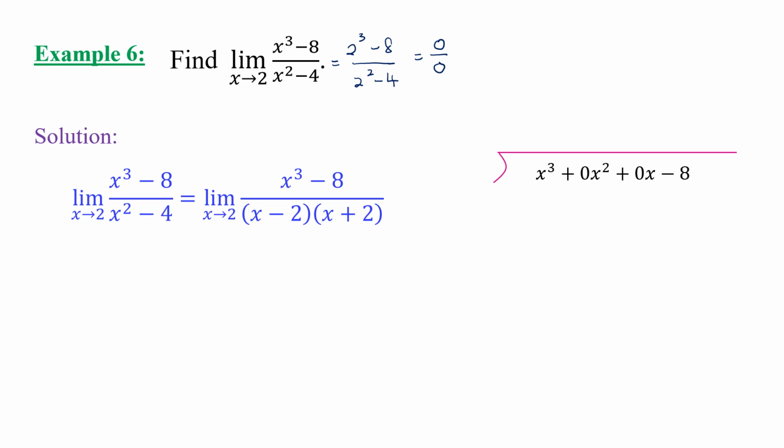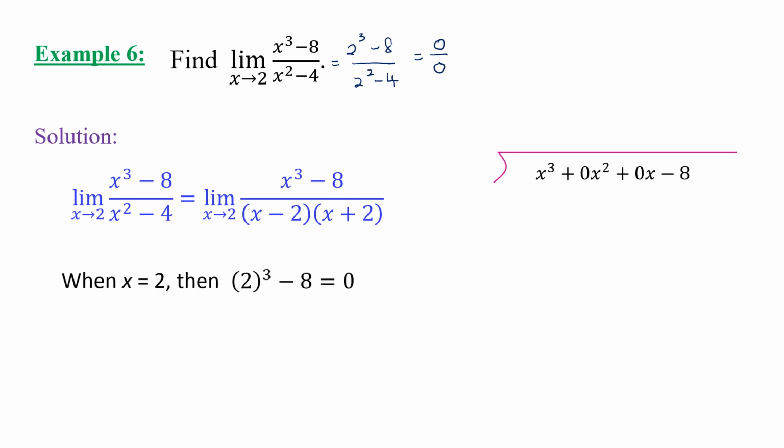But how do we factorize the cubic expression? In the last semester, we learned about long division. Therefore, we can use long division to factorize the cubic function. But first of all, we need to determine what the factor for this expression is, either x minus 2 or x plus 2. Then we check.